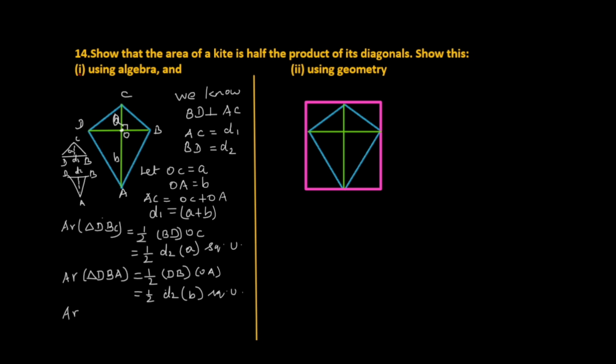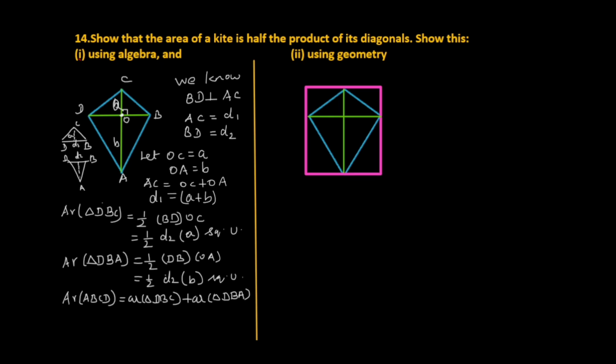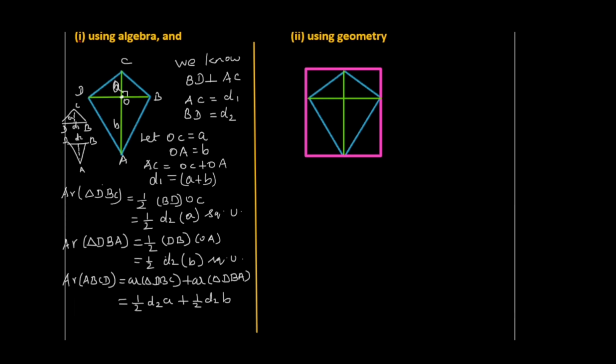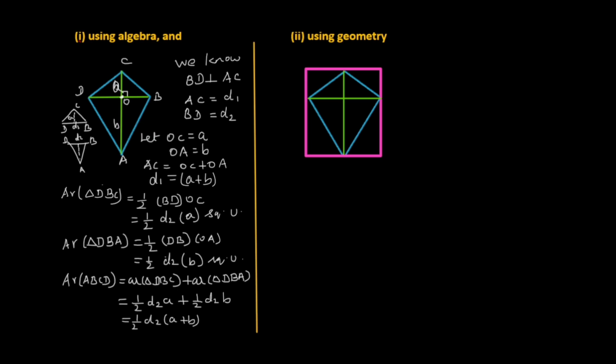Now the area of kite ABCD is equal to the area of triangle DBC plus the area of triangle DBA. So the area of triangle DBC we got half into D2 into A, plus DBA half into D2 into B. Now half into D2 is common when we take it outside: half into D2 into A plus B. Here A plus B is equal to D1.